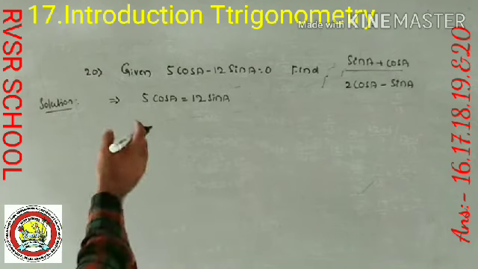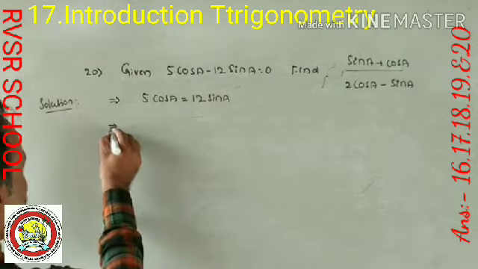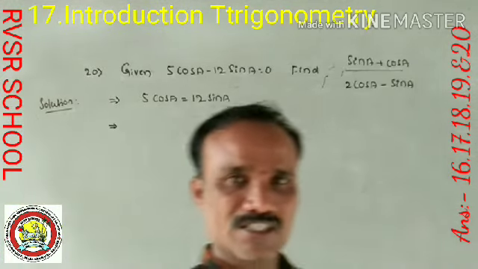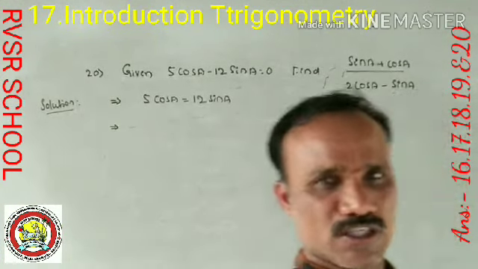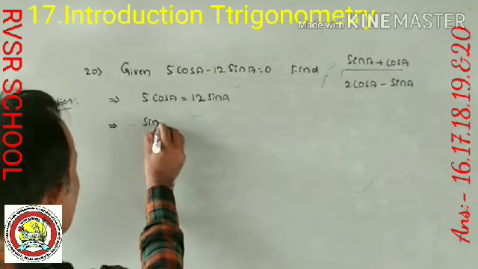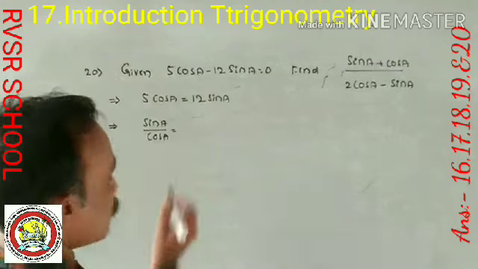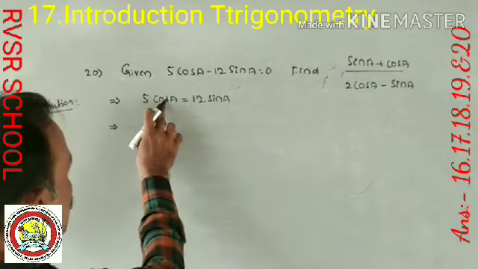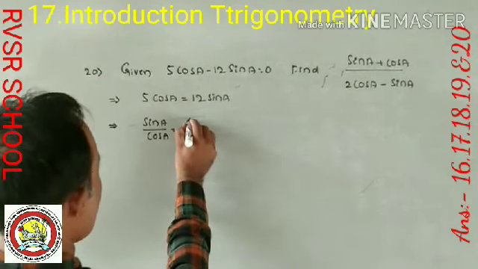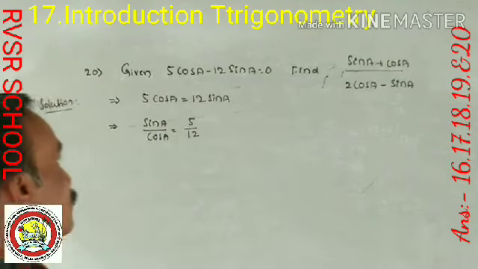It will become plus, 0 plus 12 sin A, that is 12 sin A. From this you can find cos A by sin A or sin A by cos A, anyone. I will find sin A divided by cos A. Send cos A here. Very important: 5 by 12, not 12 by 5.